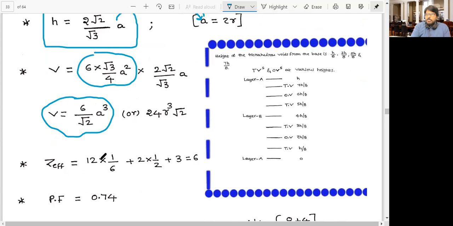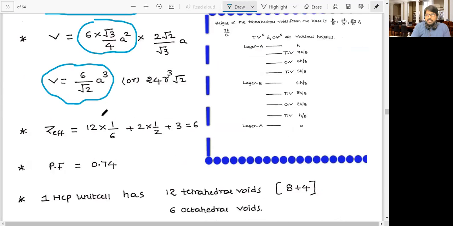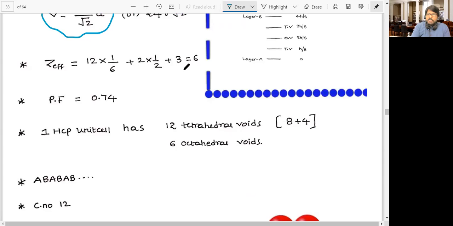Most importantly, Z effective is 6, as we discussed clearly. There are 12 corners, and each corner contribution is 1 by 6. The 2 face centers contribute 1 by 2 each. At the center of the HCP unit cell, there are 3 particles. Altogether there will be effectively 6 atoms.